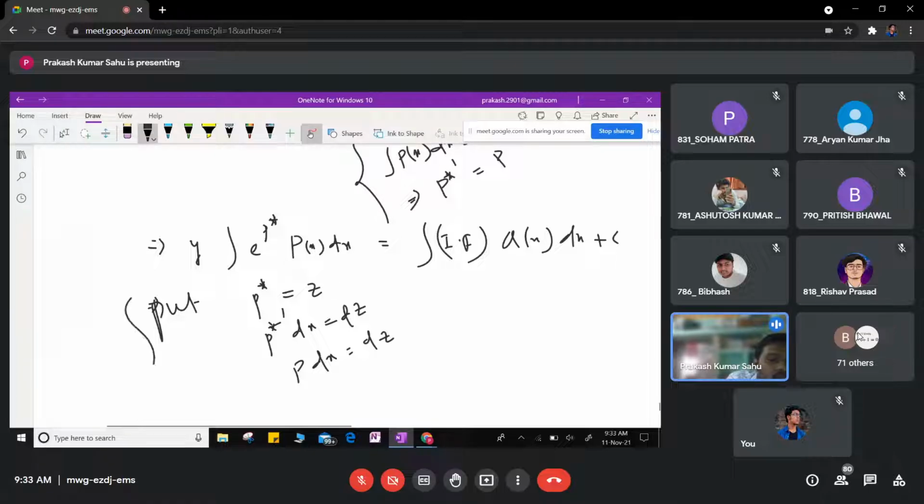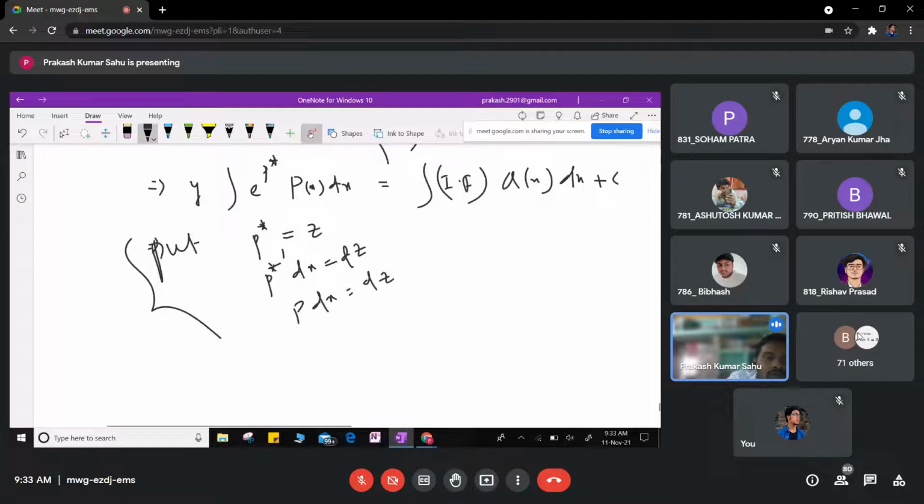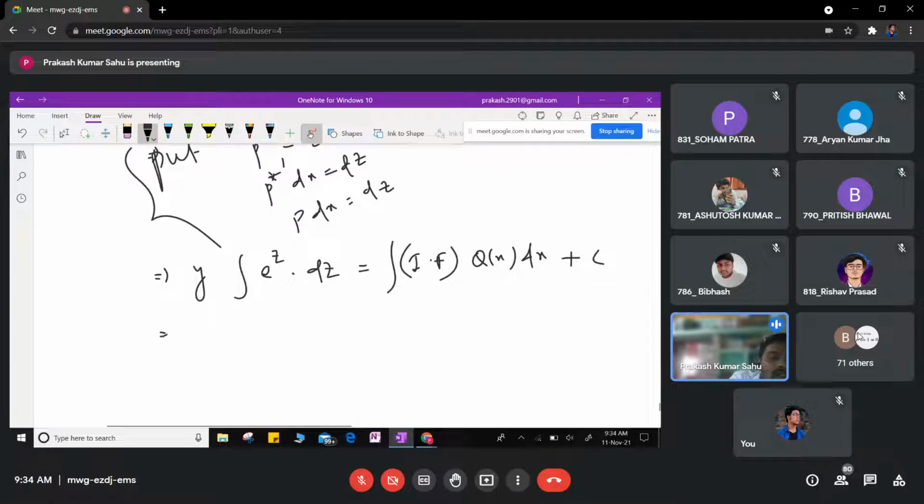Okay, so now if you substitute, so what you get? So this is y into integration e to the power p star, sorry, p star is z, so e to the power z into dz is equal to the right hand side. So now what is the integration of e to the power z?